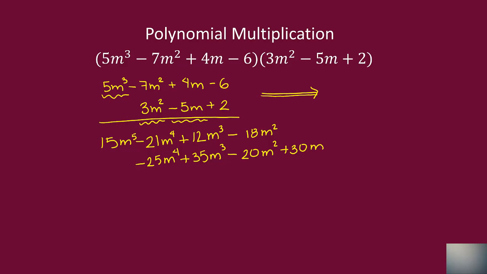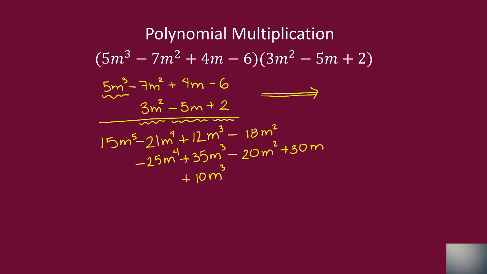Okay, now I continue with the last term in our first polynomial, and I need to multiply that times every term in our other polynomial. Okay, I start with the 2 times 5m third power. Positive times positive, positive. 2 times 5 is 10, and our answer is m to the third power.